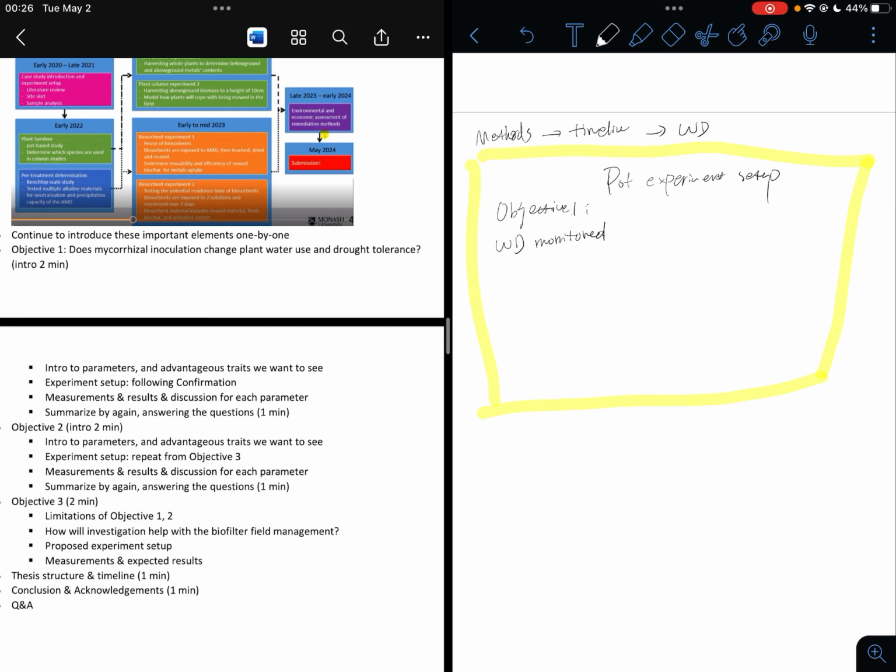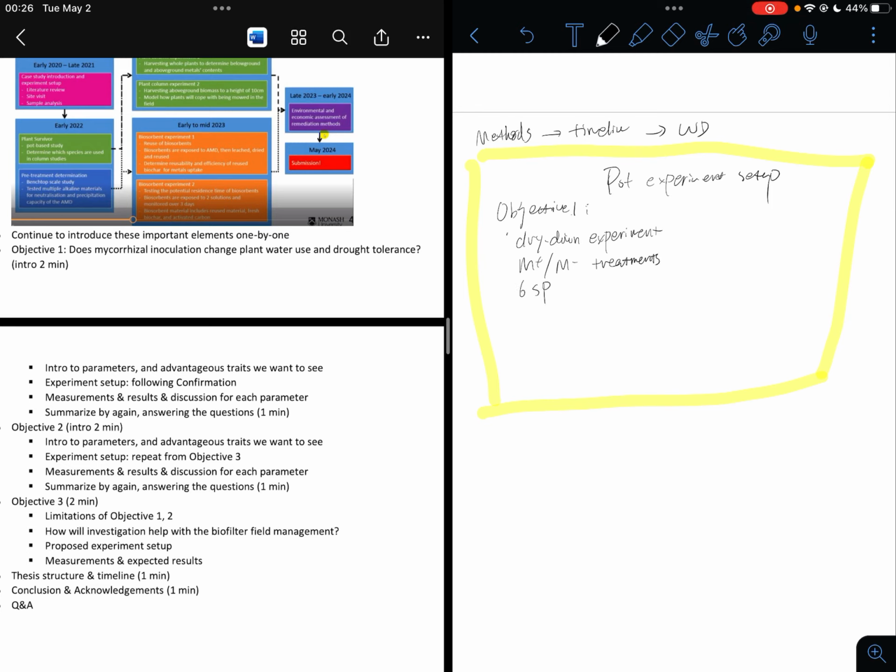Actually, I don't think at this point we need to bring up the water deficit, so we just say it's a dry-down experiment, and then later we prescribe the treatments, mycorrhizal and non-mycorrhizal.